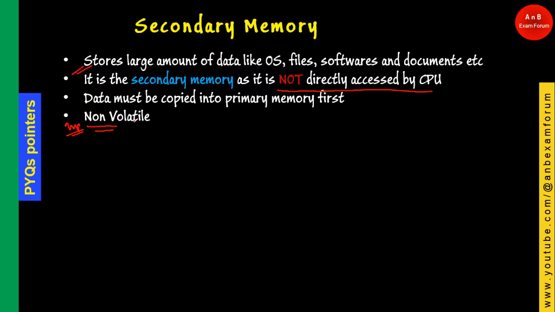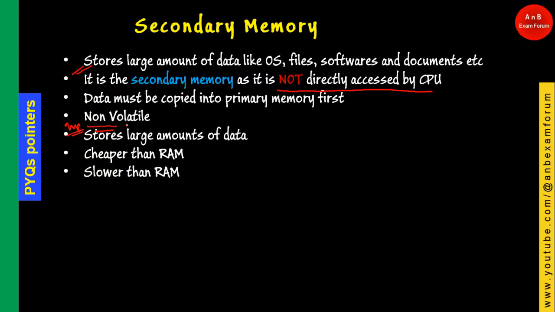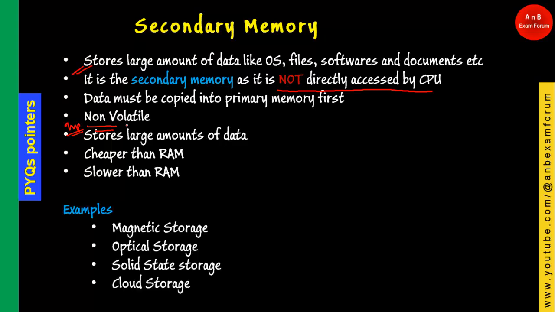That's why if you have a pen drive, the data remains there even if it is not connected to the PC or electricity. Secondary memory generally stores a large amount of data and is much cheaper than RAM. These are the common things that everybody knows.